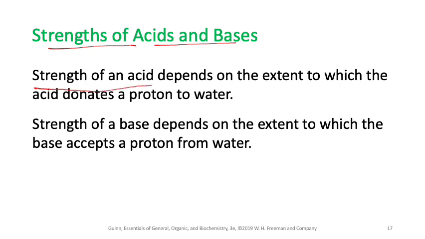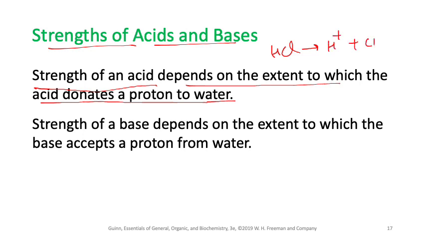So the strength of an acid depends on the extent to which the acid donates a proton to the water. Meaning if you have, let's say, HCl, and you dissolve it in water, if HCl is donating every proton that we have in HCl, that means this HCl is a strong acid. It's giving out every proton that it has, right?